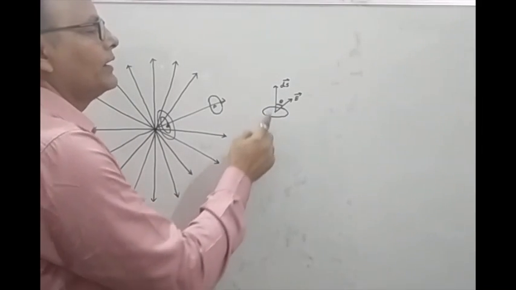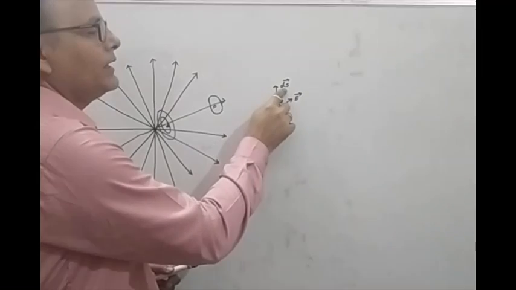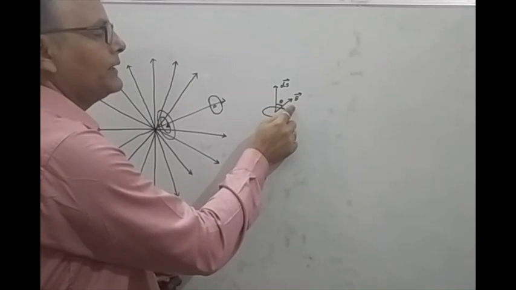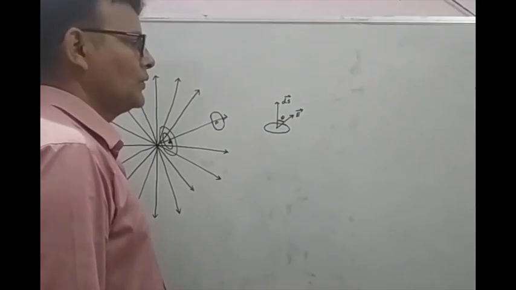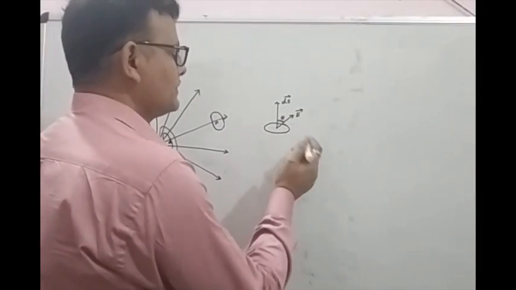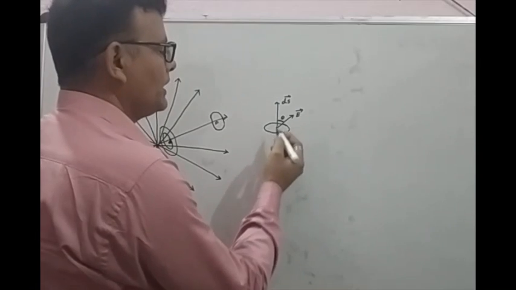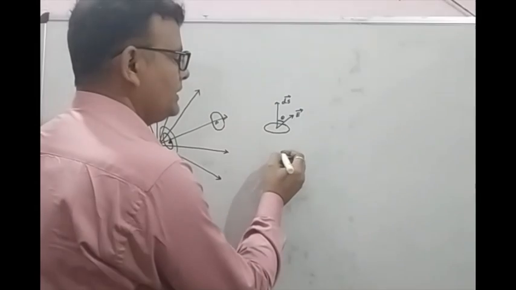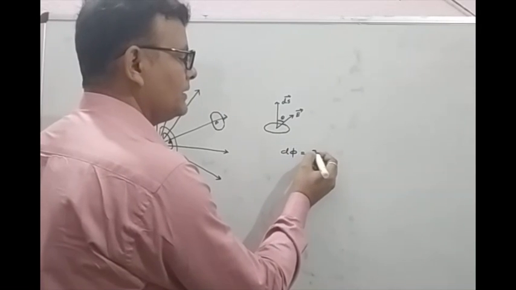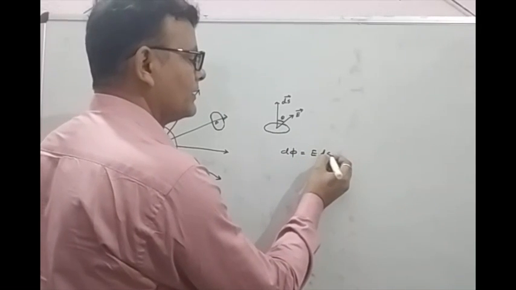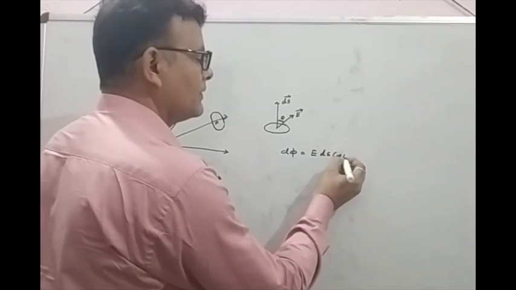You know that the component of area vector along electric field vector is ds cos theta. So electric flux through the small area d phi is given by E ds cos theta.